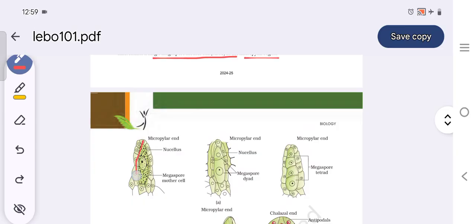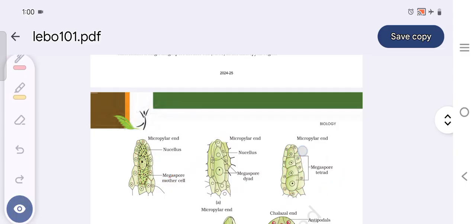Out of all these cells, one cell begins to differentiate. That one cell is called the megaspore mother cell. Now it starts dividing. So this is the dyad, that is, it's divided into two first, then it divides into four more. That's called the megaspore tetrad.